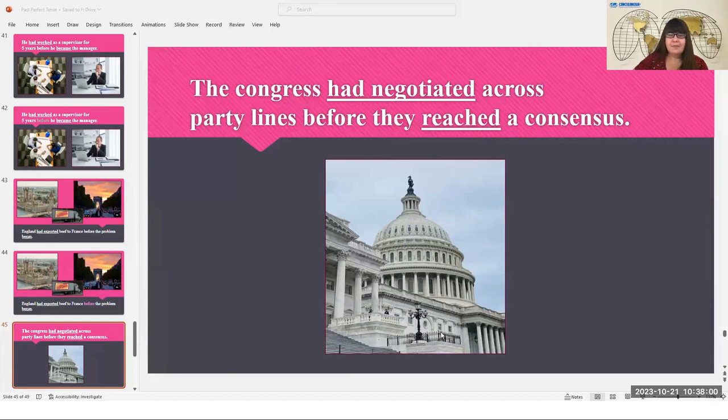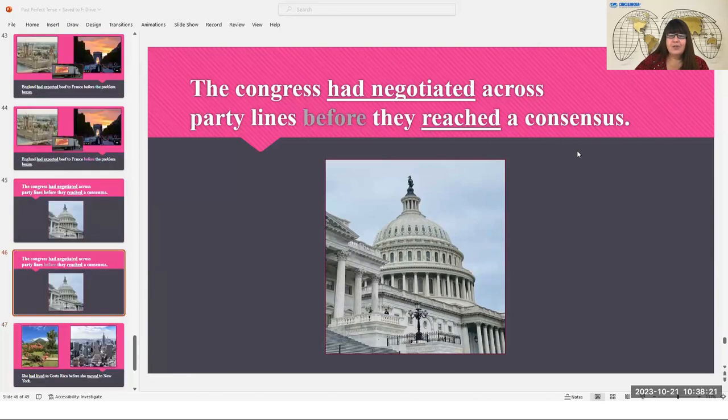But sometimes they will work on something together and they pass that together, okay? Bipartisan voting. So reaching a consensus means that they agreed, okay? So the Congress had negotiated across party lines before they reached a consensus. So they were working together and finally they agreed on something.